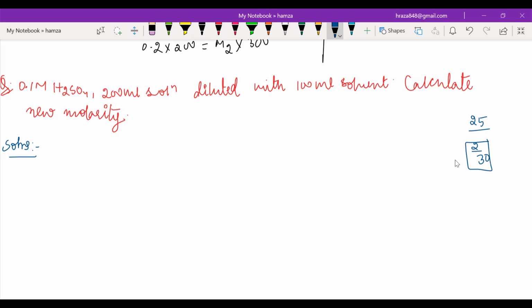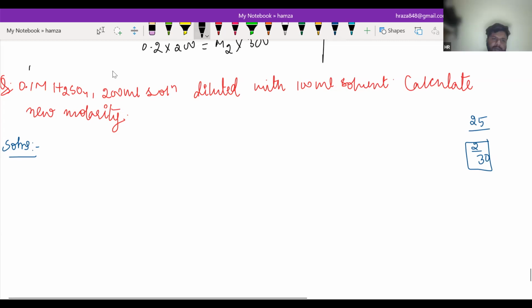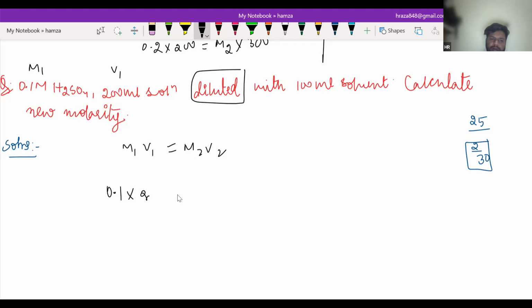Okay, just see. This is M1, this is V1. M1V1 is equal to M2V2, since it is diluted. M1 is 0.1 and V1 is 200. M2 we need to find and V2 is 300, yes or no?